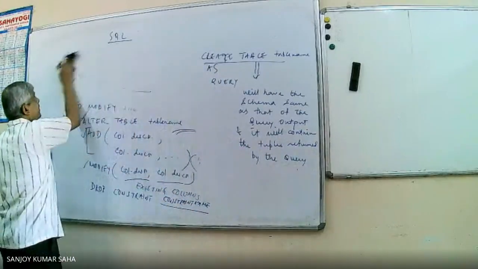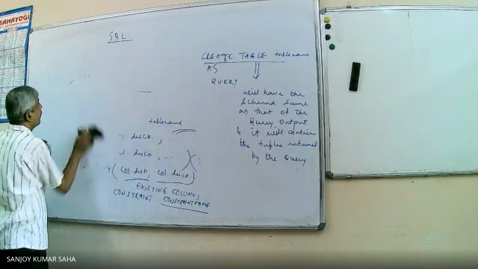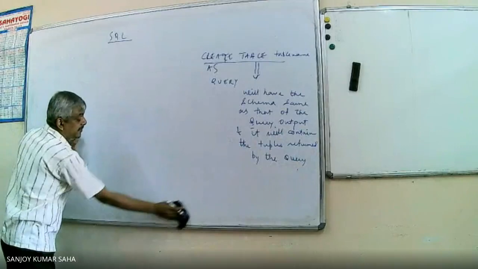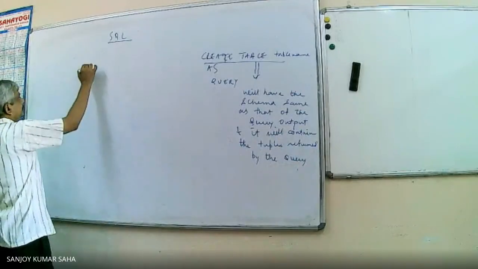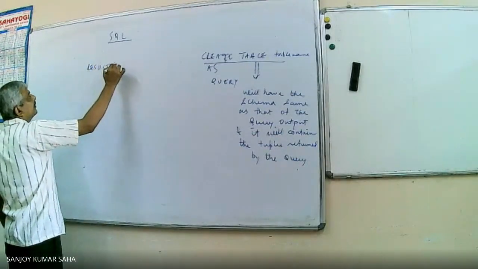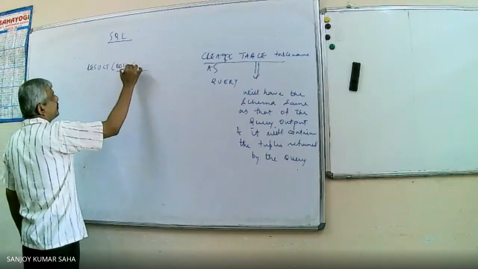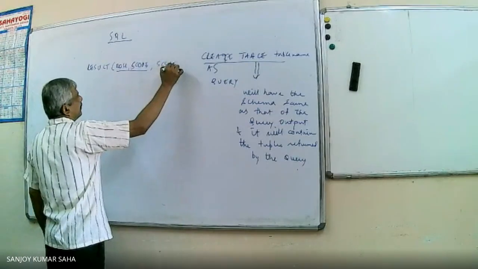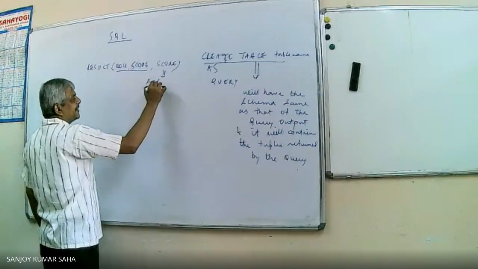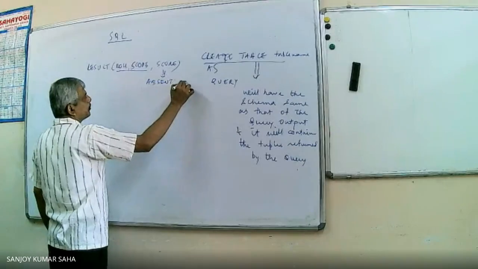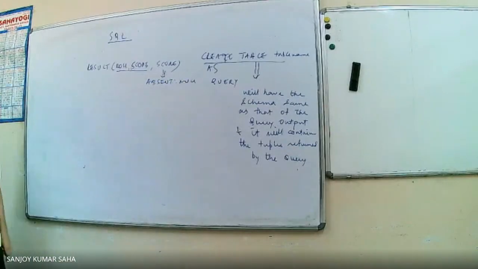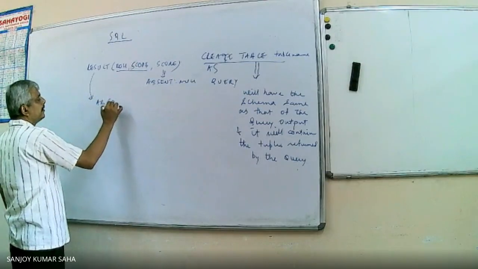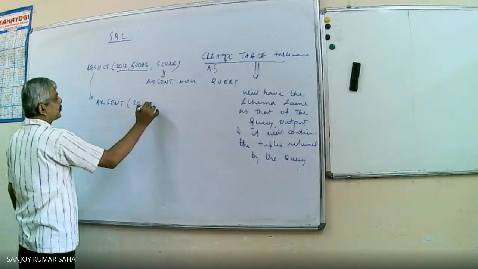Suppose from our result table, as we have assumed, for the absent candidate, score is null. Now suppose from here we want to create a table like absent roll score.